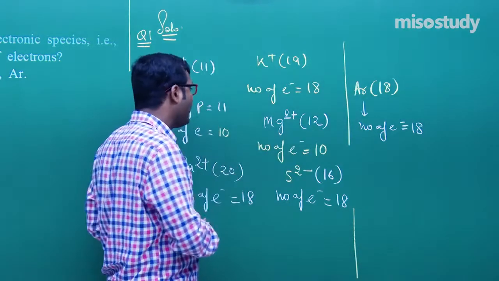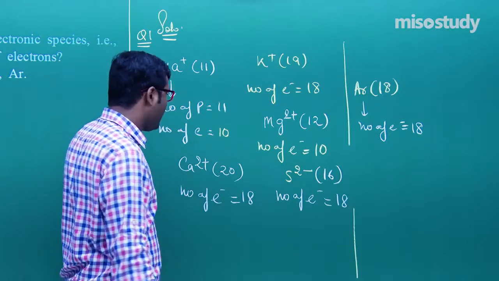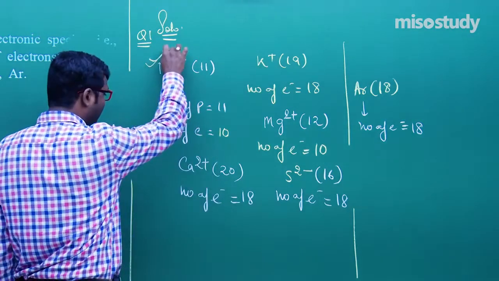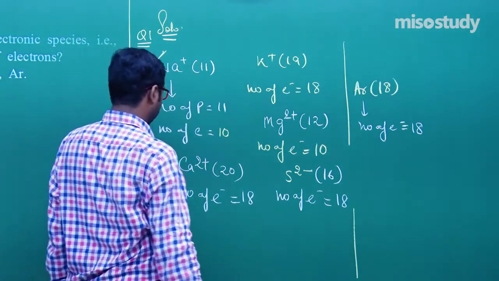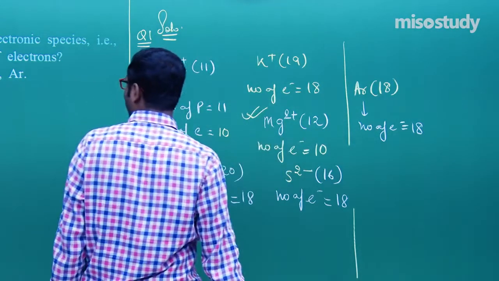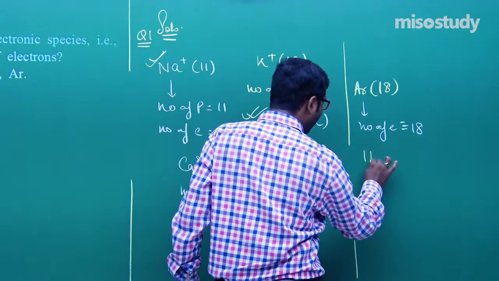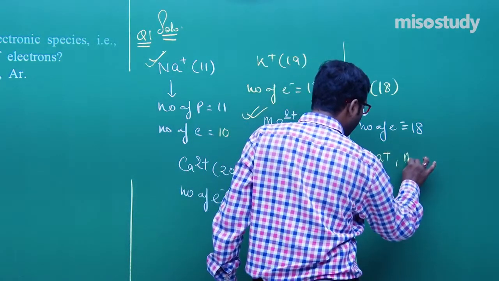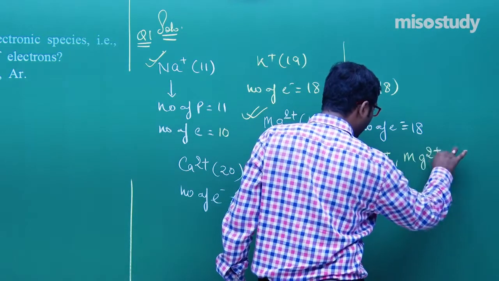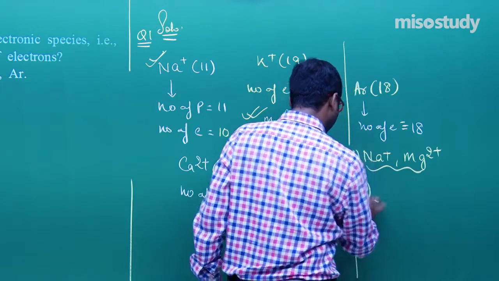Now check out which pair, which group contains an equal number of electrons. If I talk about sodium, then magnesium, it contains an equal number of electrons, 10 each. So Na+ and Mg2+ is the first pair. These are isoelectronic species. Clear to you?